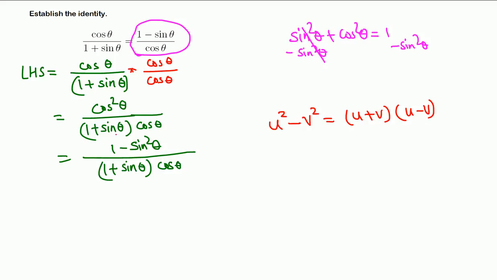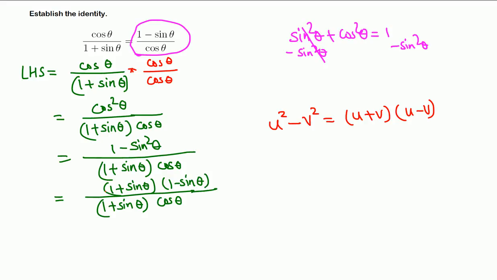So using the difference of squares formula, and keeping the bottom as it is, 1 minus sine squared is 1 plus sine times 1 minus sine theta.